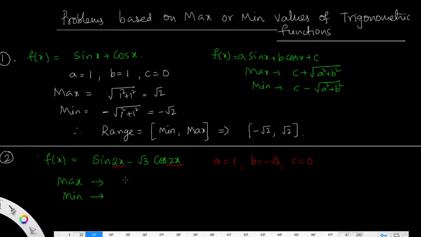Root of 1 square plus 3 square, root 1 square plus root 3 whole square, that is root 4, which is 2. And minus root 3 whole square is positive only, so the minimum is minus 2. Therefore, the range is the closed interval minus 2 comma 2.